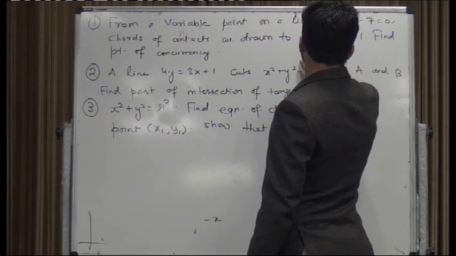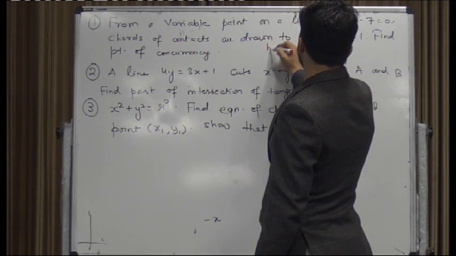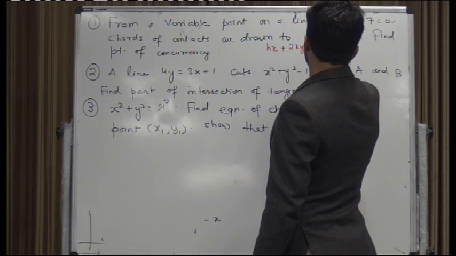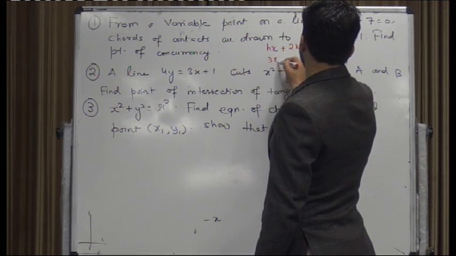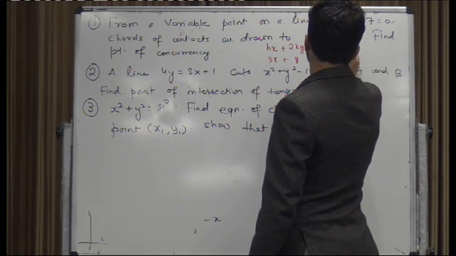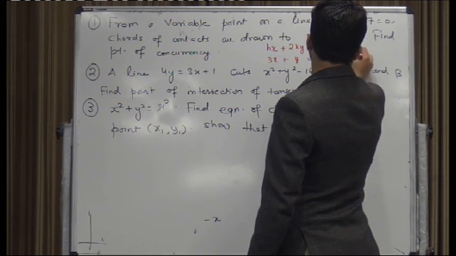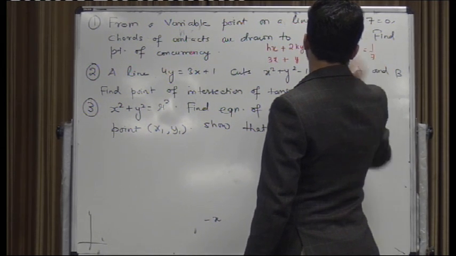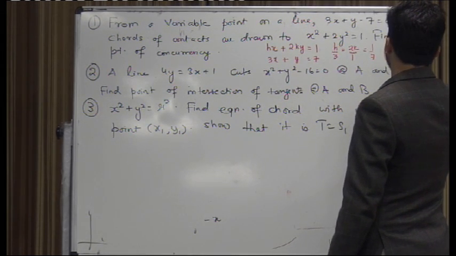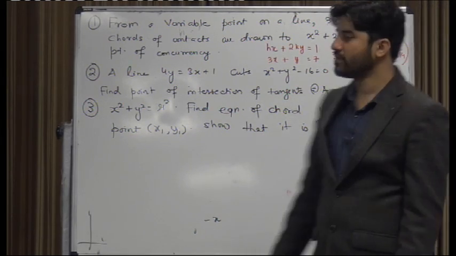This is nothing but ellipse, so ये बन गया क्या? hx plus 2ky is equal to 1 compared with 3x plus y is equal to 7. So h by 3 equal to 2k by 1. So h is 3 by 7 and this is 1 by 14. So 3 by 7 comma 1 by 14.